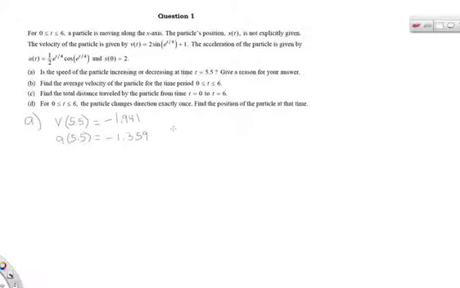So the speed is increasing because both v of 5.5 and a of 5.5 are negative. Or you could say are the same sign.